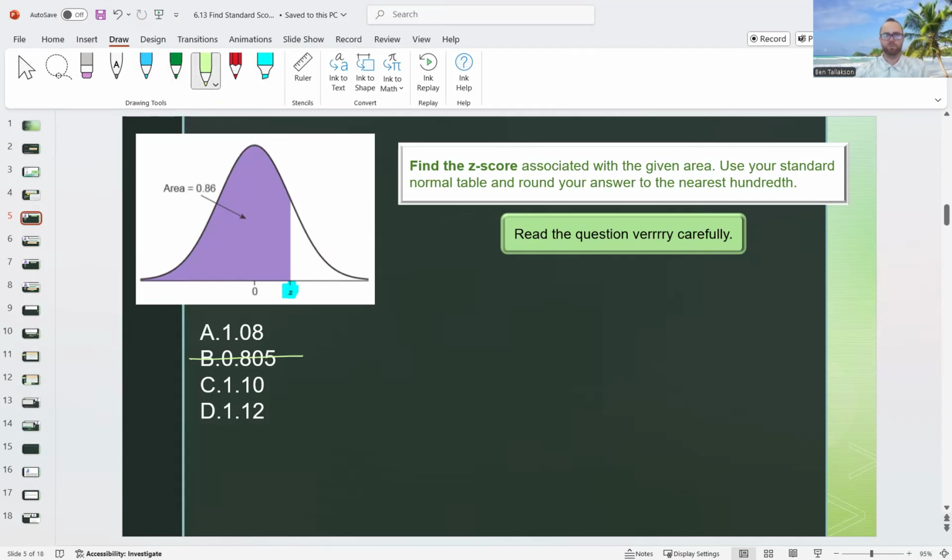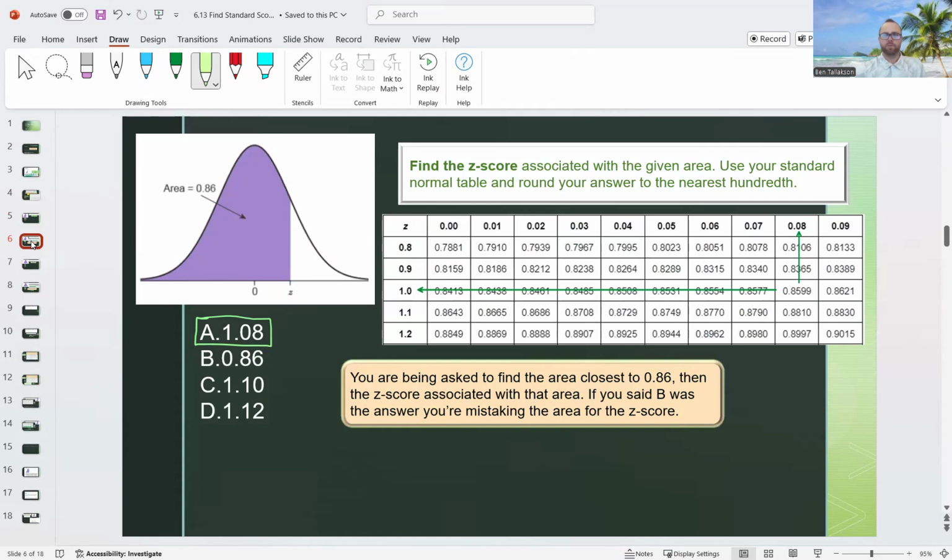So what do we need to do? We need to find the area of 0.86 in our table. Notice this one is below 0.86, but why is that okay? It's because we're only asked to find the z-score. We're not mentioning anything about probabilities. And this value is the closest to 0.86.